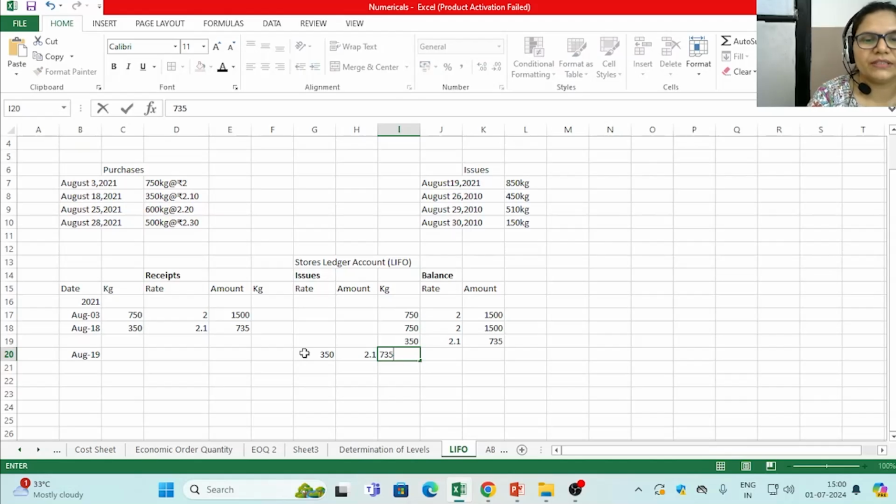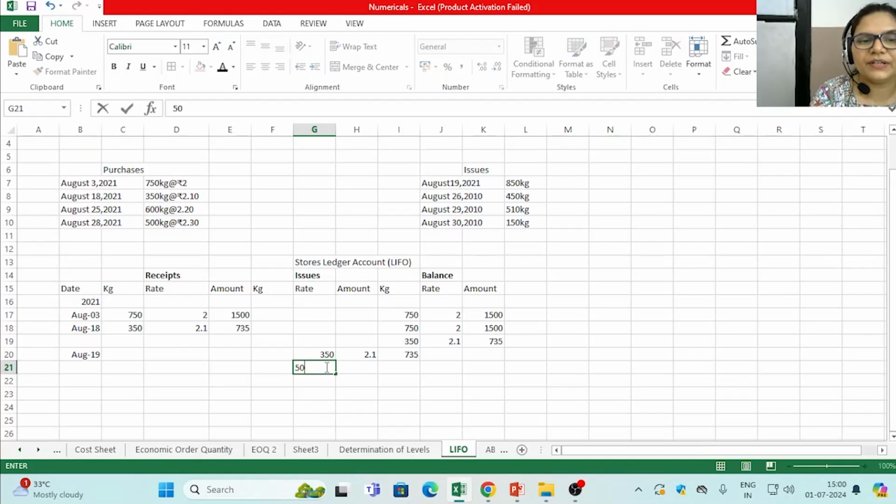The amount will be 735. Next, we have to issue 850 kg in total. 350 we have already issued, so now we have to issue 500. These 500 will be issued from the earlier balance, at the rate of rupees 2.